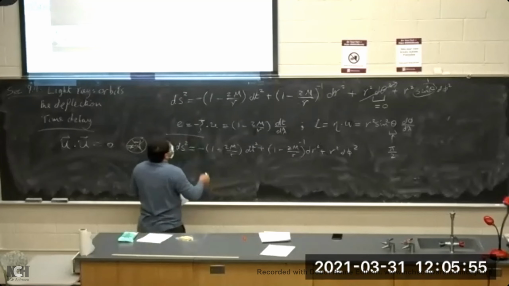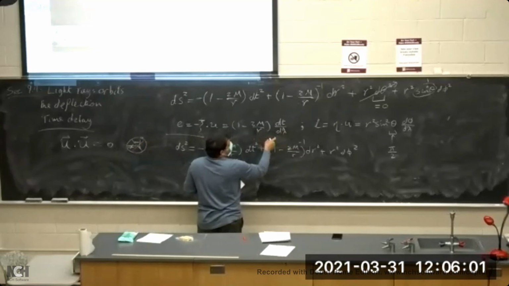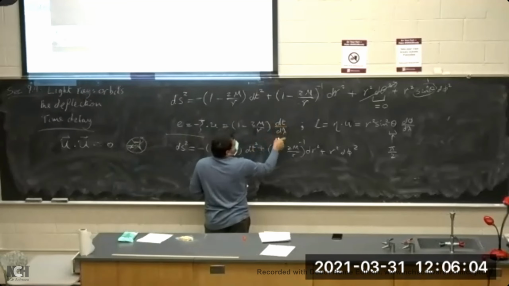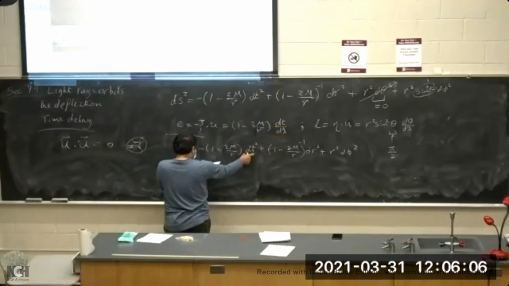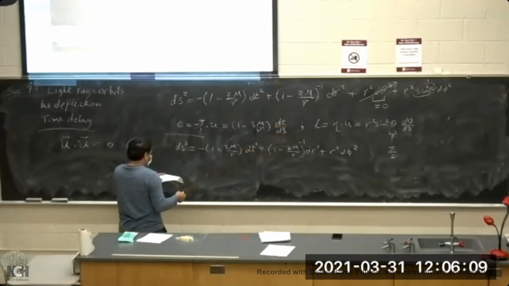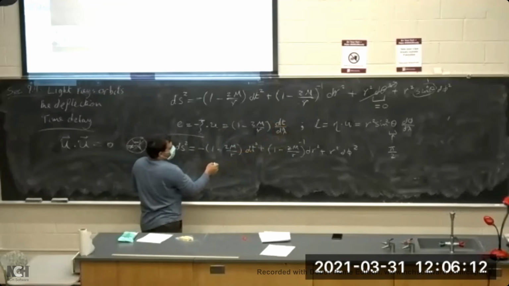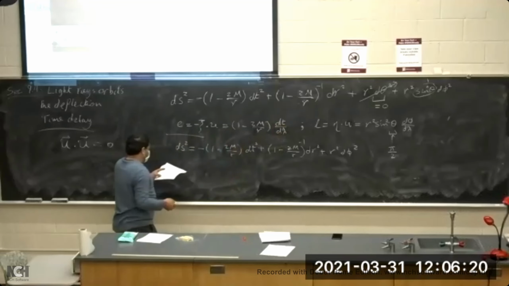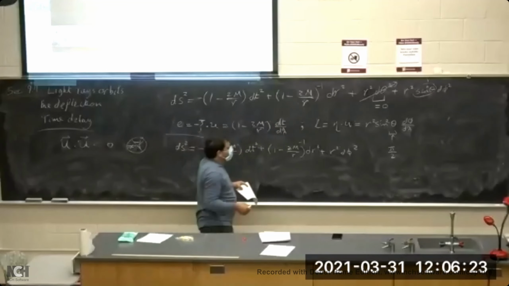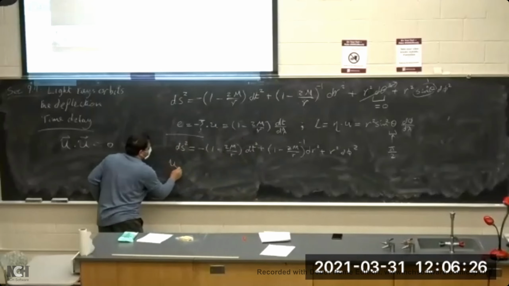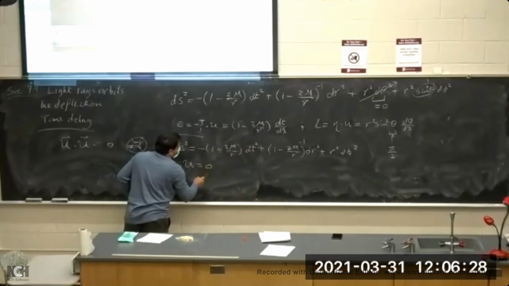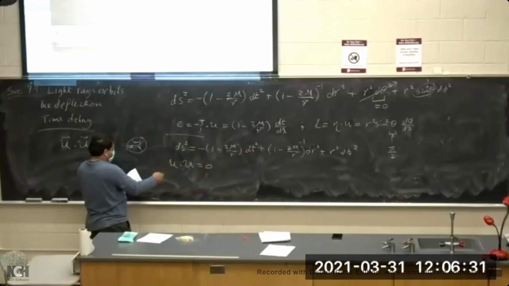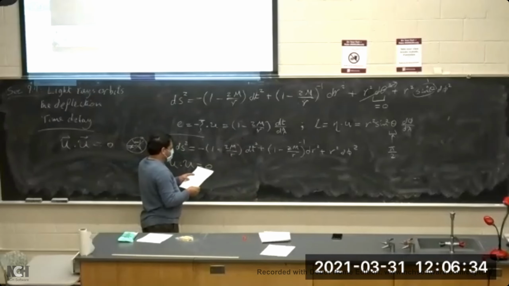Now, using the 2 constraints, we can find dt by d lambda, and we need to use the normalization condition, u dot u equal to 0.